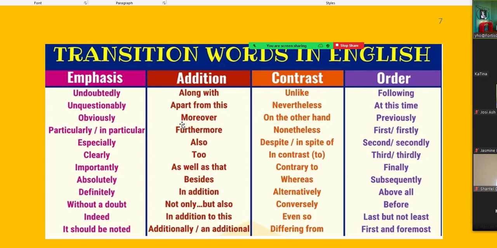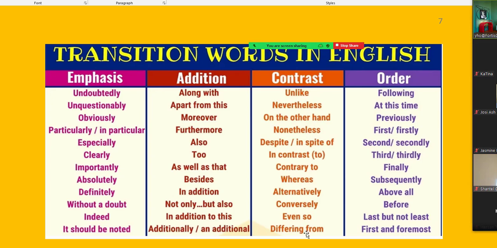John likes to study. Moreover, he likes to sleep in. Furthermore, he likes to sleep in. Also, he likes to sleep in. And so on and so forth. All of these words have the same meaning as "and." So if you have a tendency to use "and" a lot, then you can look up transition words of addition in order to vary your sentence structure.